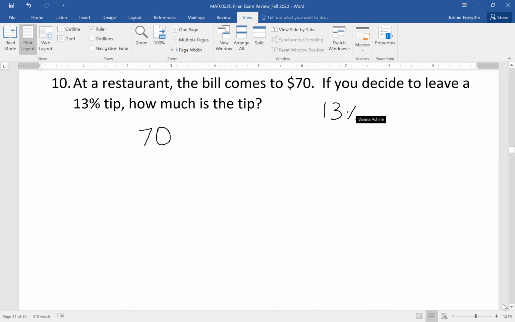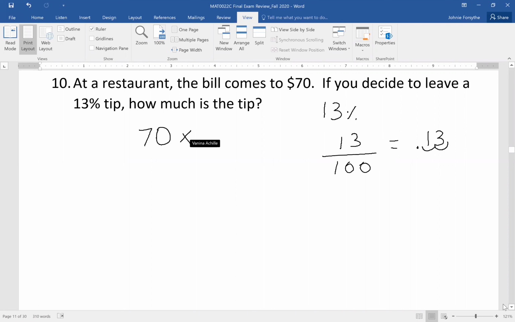So 13% is the same thing as 13 divided by 100, which means you would move the decimal place twice to your left. So 13% is the same thing as 0.13.